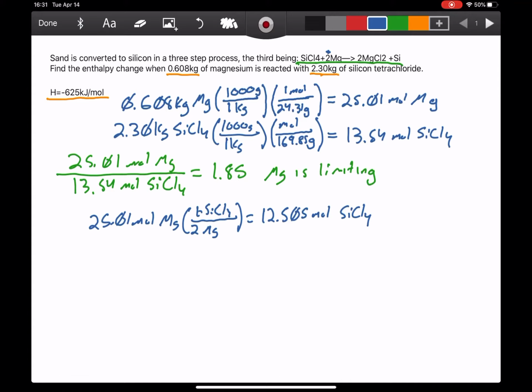So now that we know how many moles of SiCl4 are required to use up all the magnesium, all we do is take 12.505 moles of SiCl4 and multiply by the enthalpy, which is given to us and is negative 625 kilojoules per mole.